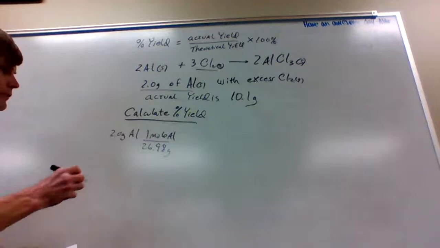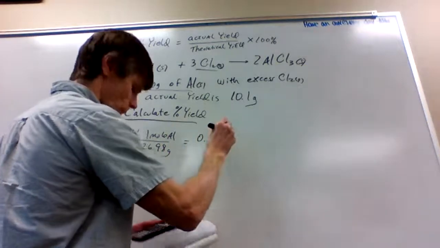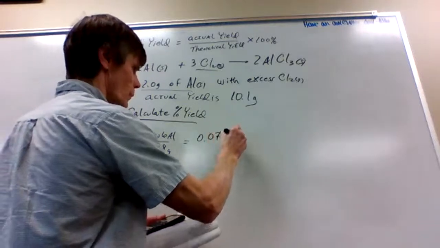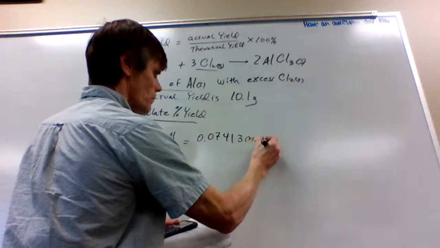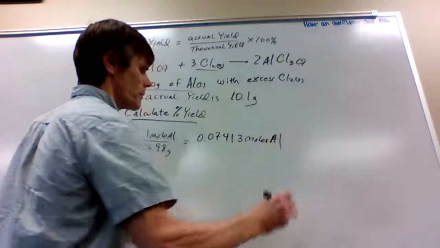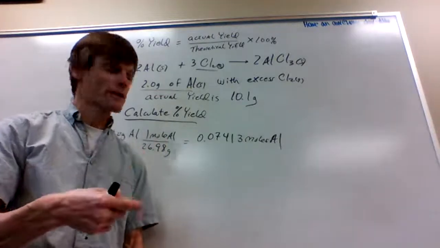And that would tell us that we can react 0.07413 moles of aluminum. So that's how many moles of aluminum we have available to us.